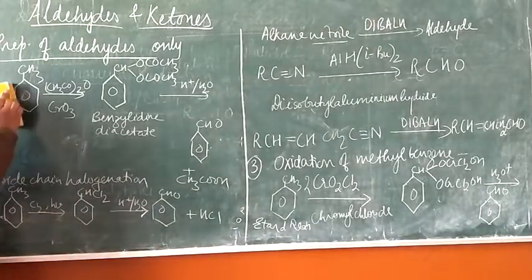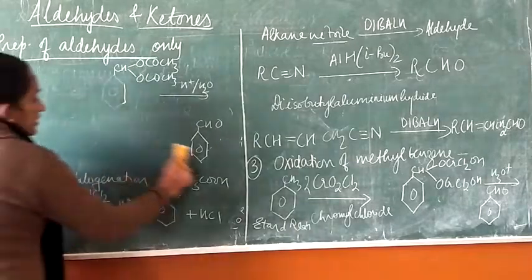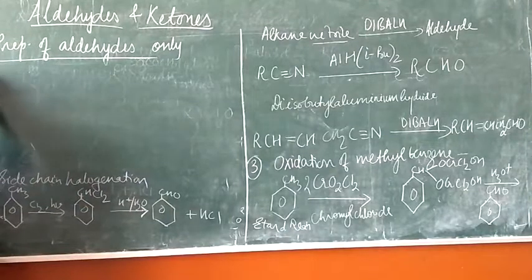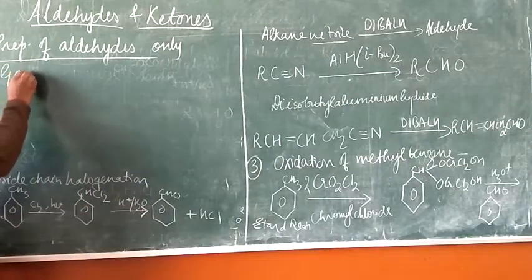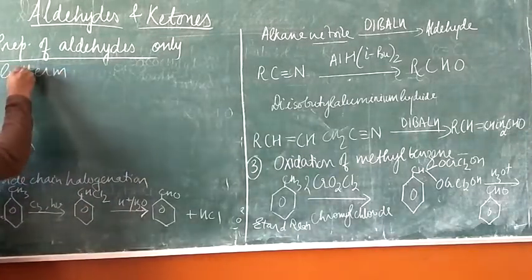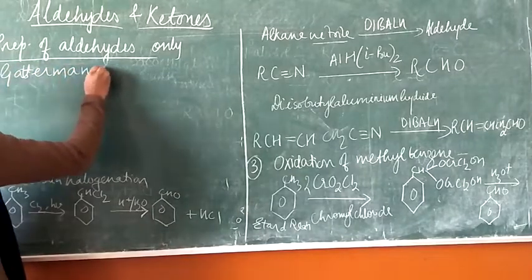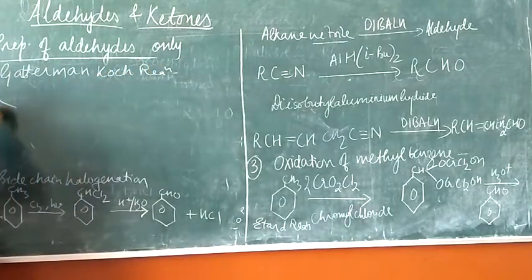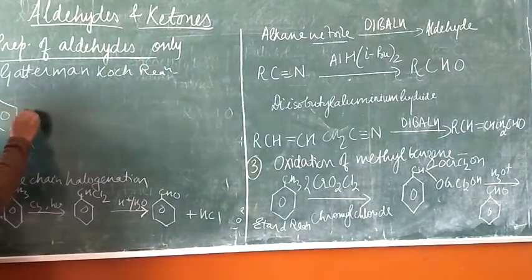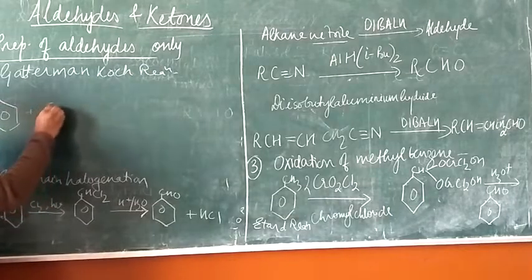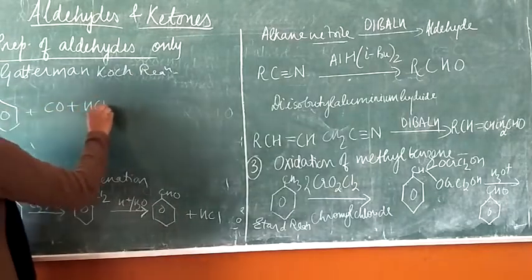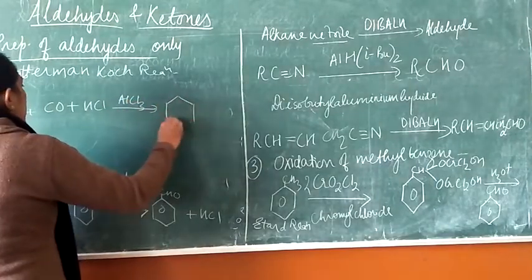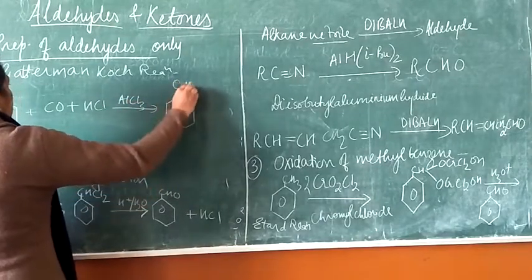Now we have one more name reaction left here, known as the Gattermann-Koch reaction. Here benzene is reacted with carbon monoxide and HCl in presence of aluminum chloride to form benzaldehyde.